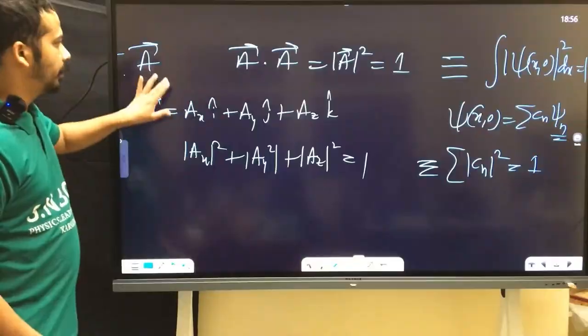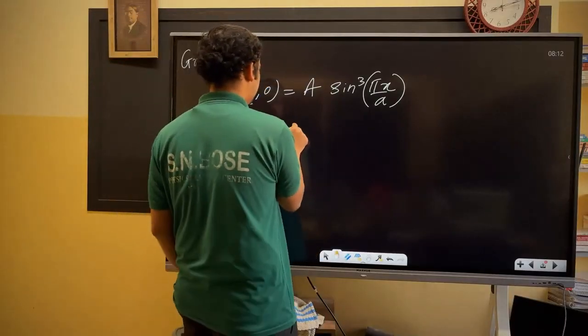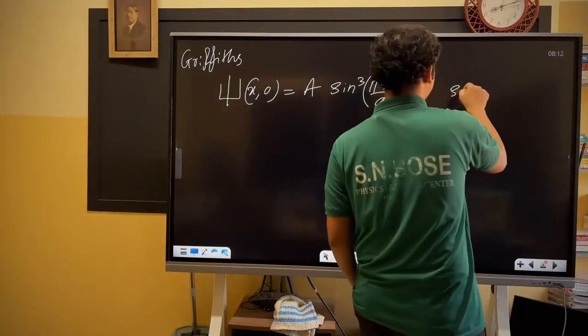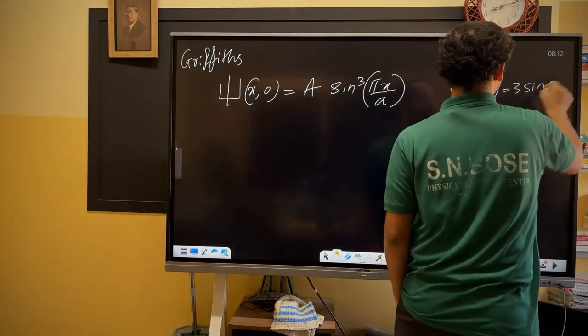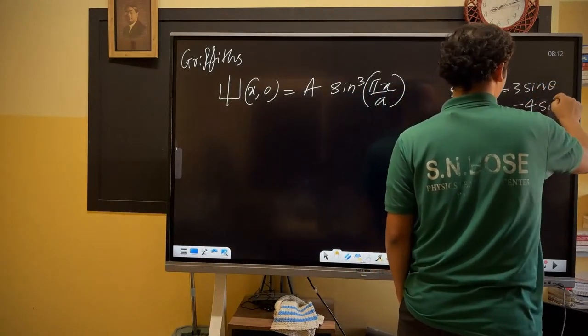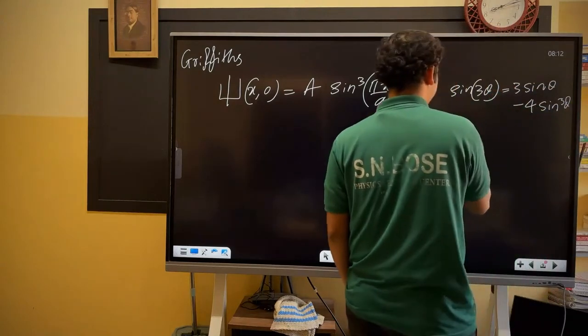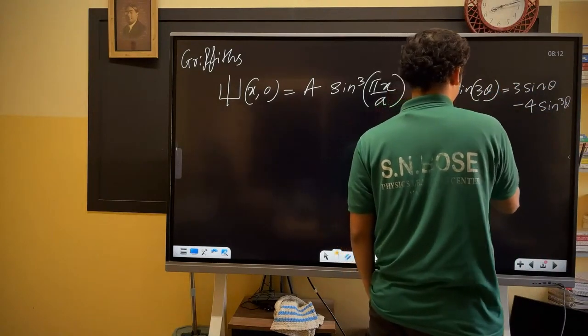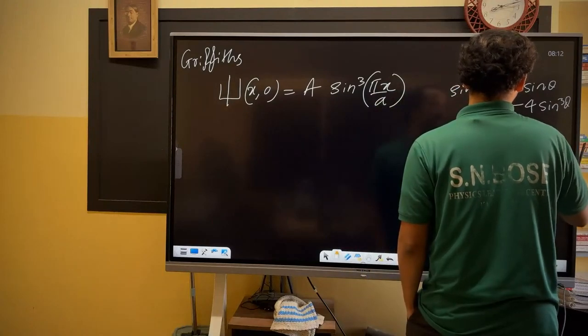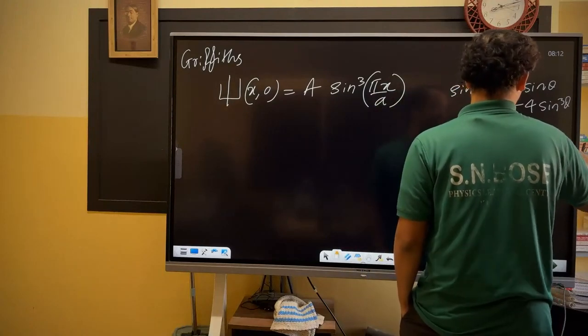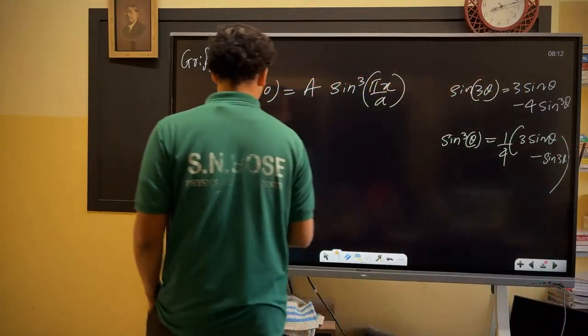Let me quickly do this one. Sine 3 theta is 3 sine theta minus 4 sine cube theta. So sine cube theta is equal to 1/4 of 3 sine theta minus sine 3 theta. Now see this one.